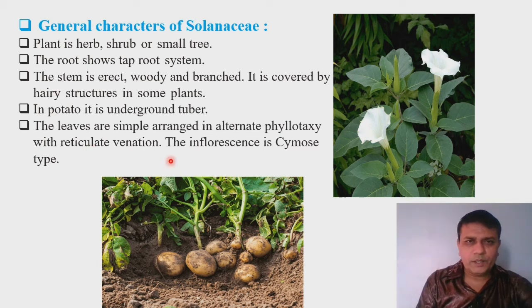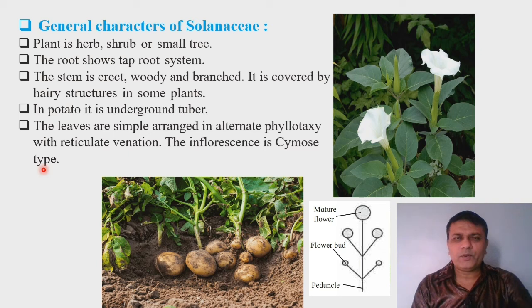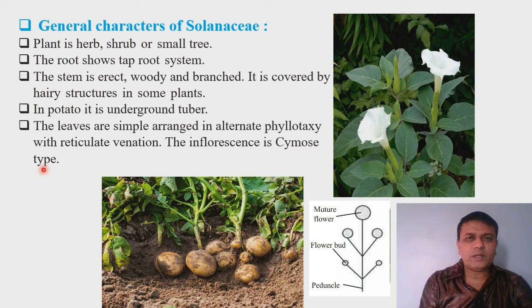Then the inflorescence found in the plants of Solanaceae is cymose type. Now you have already learned regarding the types of inflorescence. The two main types of inflorescence are racemose inflorescence and cymose inflorescence. So these plants show presence of cymose inflorescence.